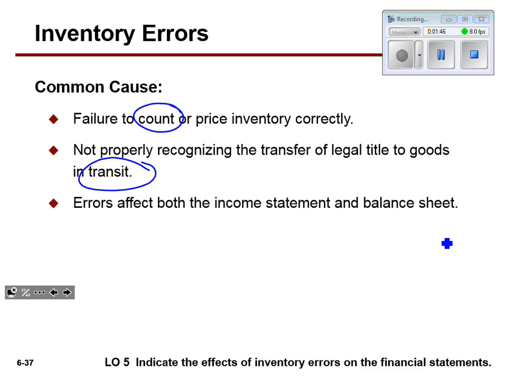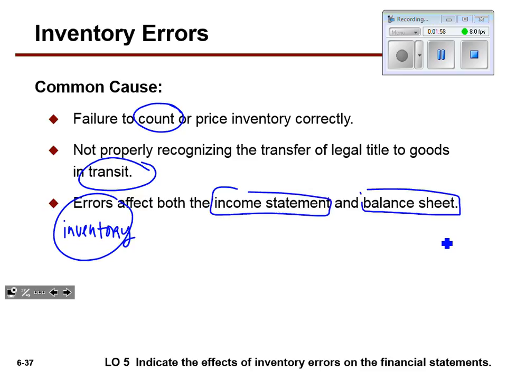And what you need to know, if there is an error specific to inventory, it's going to affect both the income statement and the balance sheet. Let's talk about why. Inventory is an asset. And so if you overstate or understate inventory, like if you have too much or not accounting for enough, it will throw the asset valuation off on your balance sheet.